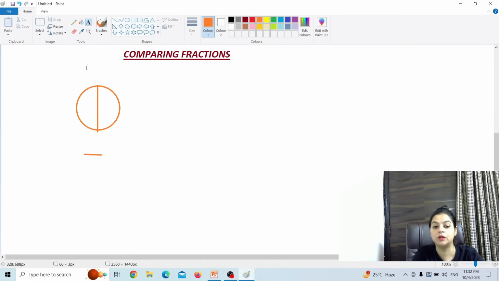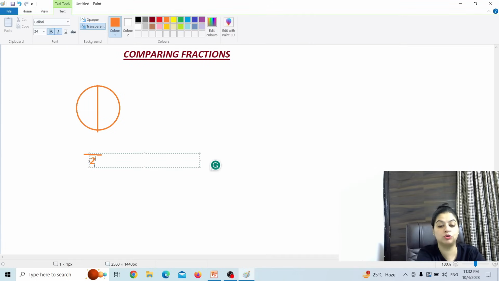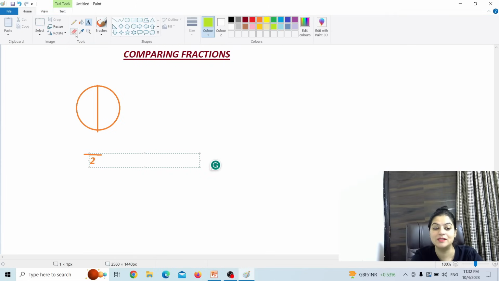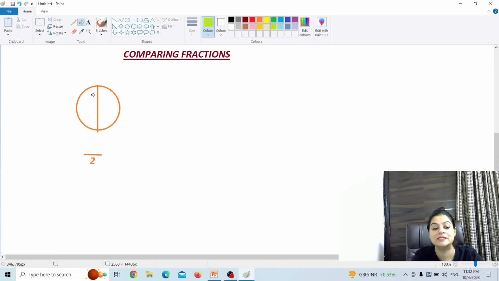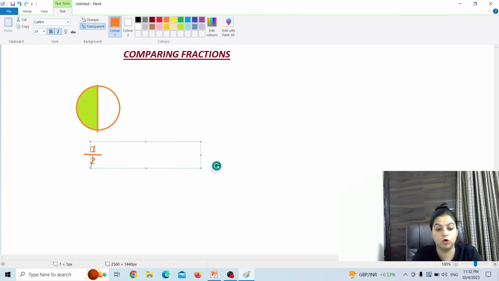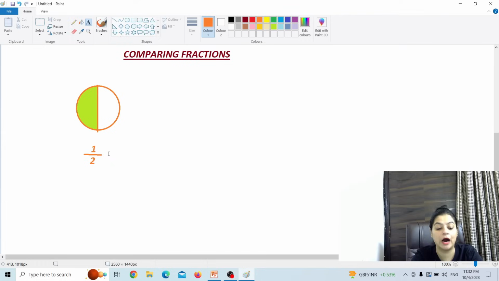There are total 2 parts. So 2 in the denominator. Out of these 2, you want to eat 1 part. 1 slice you will eat and 1 slice your friend will eat. So what will be your share? Your share would be 1 out of 2, or we can call it half.